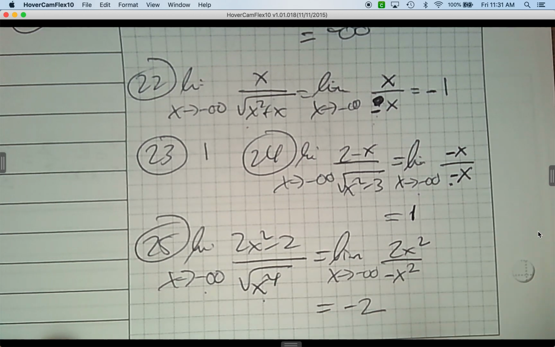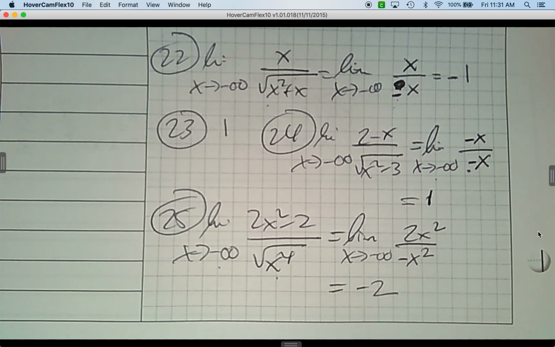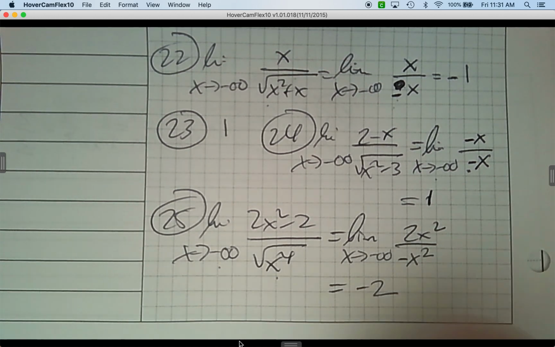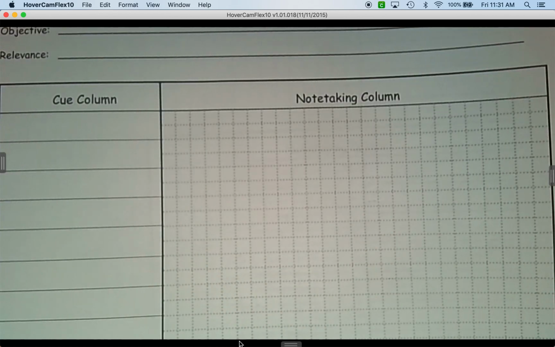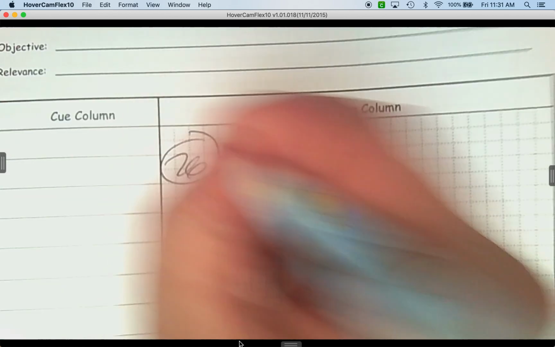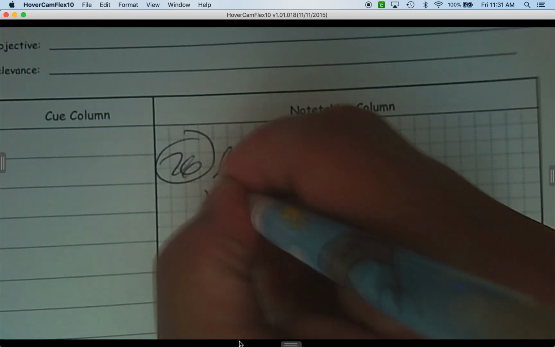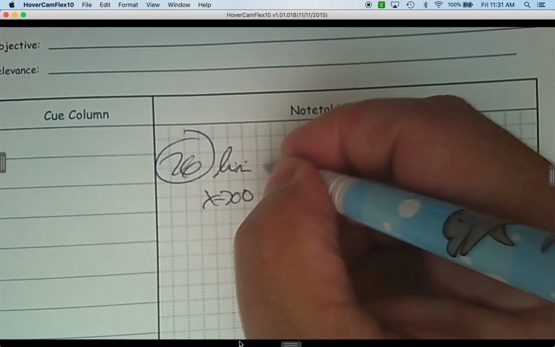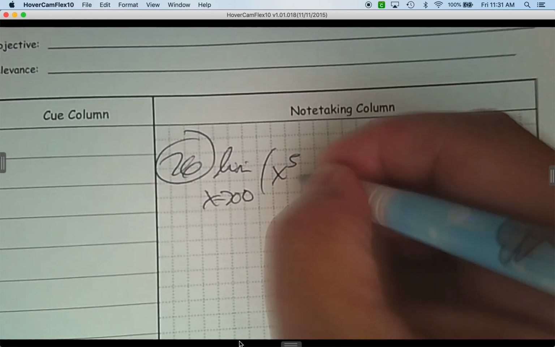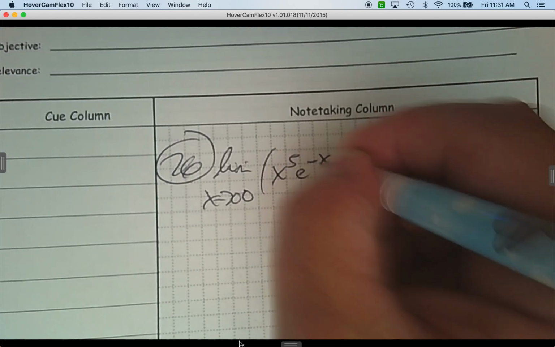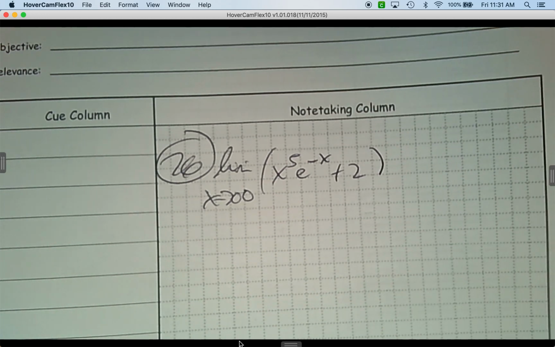Then it says use a calculator to find the right end behavior of that. So let's do that. For number 26, I'm going to use Desmos. You can press pause and open up Desmos whenever you want. The limit as x approaches infinity of x to the 5th e to the -x plus 2, and figure out what's happening here.